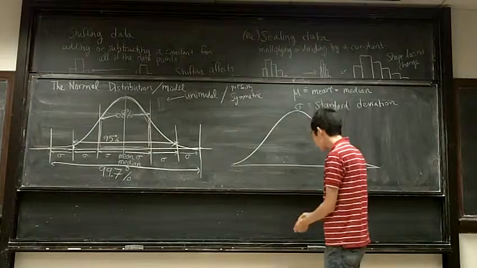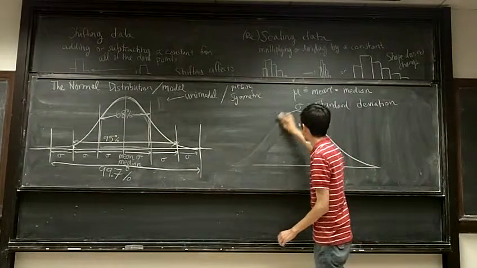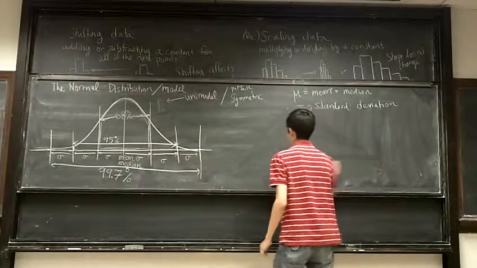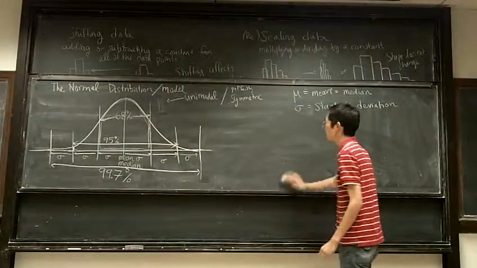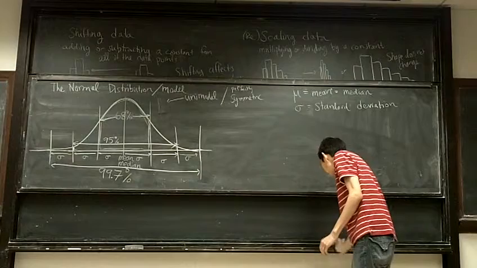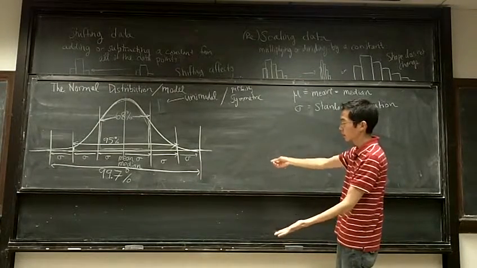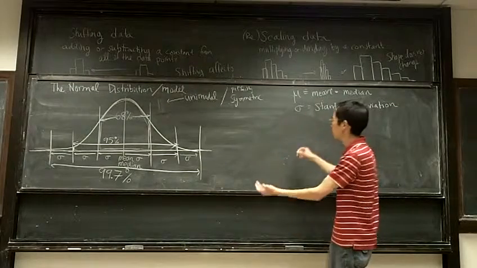Oh well, before I get into this, the normal model is always going to be unimodal and symmetric, no matter what the mean or the standard deviation is.